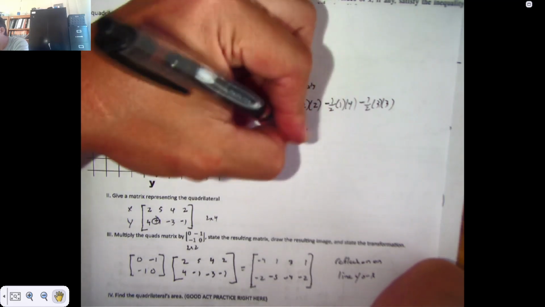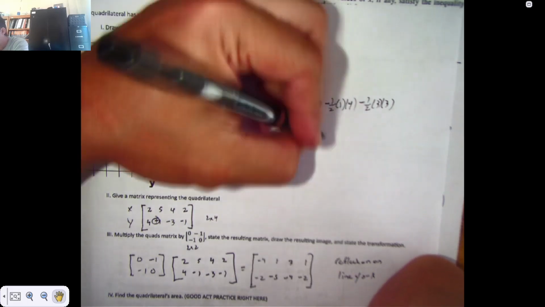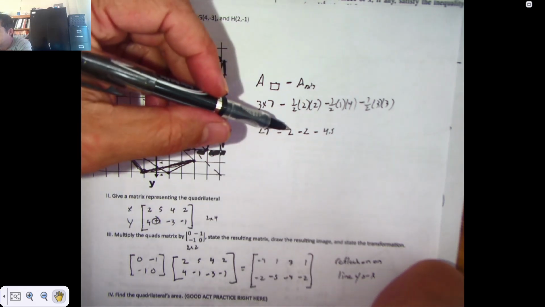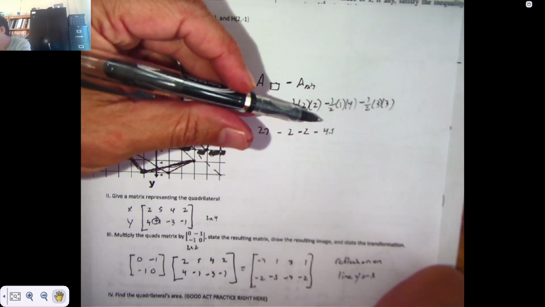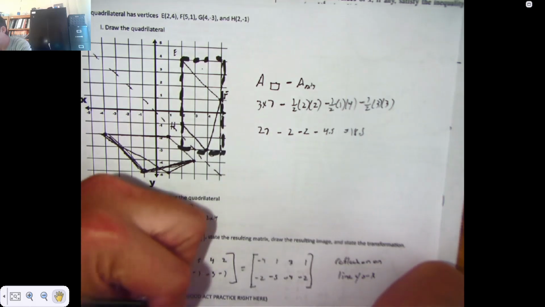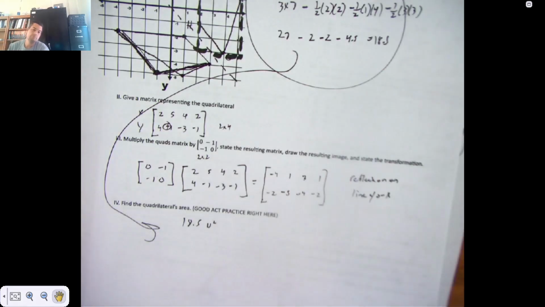So take away another 2. And this one will be a fraction. It'll be take away 9/2, 4.5, whatever you like. Anyways, there you go. That'd be 25, 23, 19, 18.5. So it's 18.5 square units. There's all the work for that. 18.5 square units.